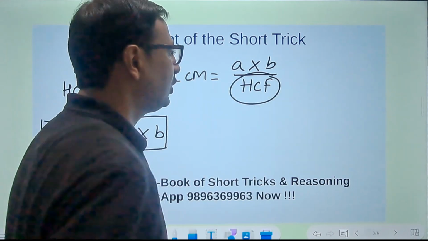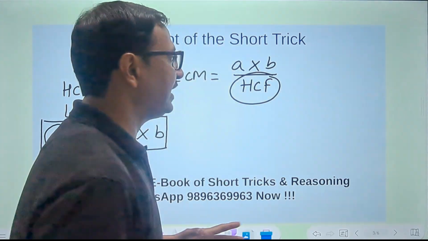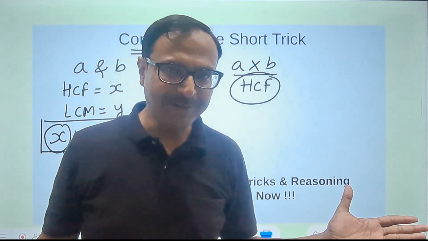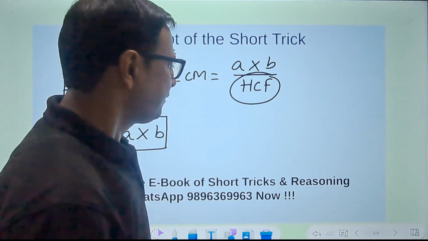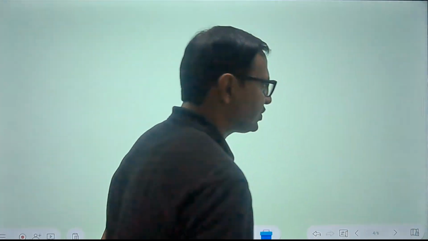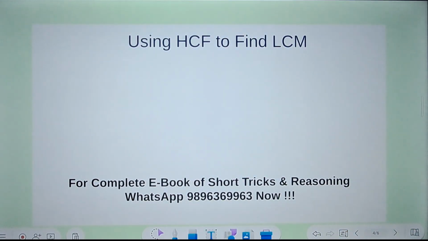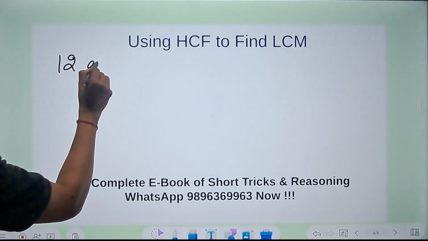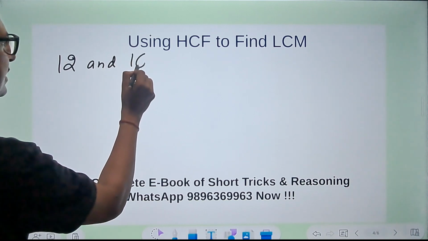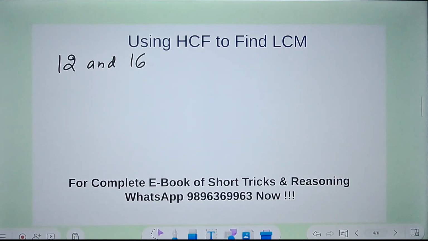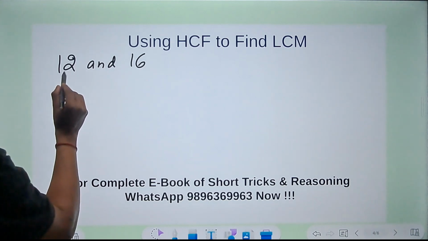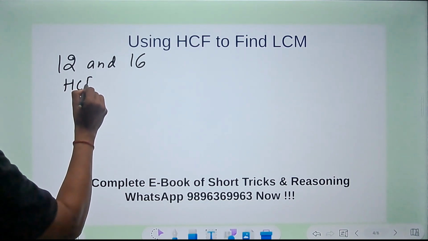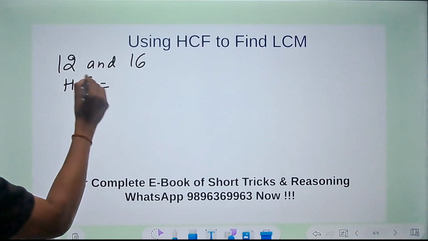Now if we know some smart tricks of finding the HCF of numbers, job done, right? So let's see some examples through which we can understand this method. For simplicity's sake, I am taking the first example, where the numbers are very small, 12 and 16. You need to understand the trick first. We all know that the highest common factor of 12 and 16 is 4, right?